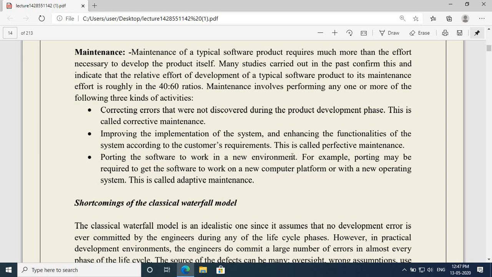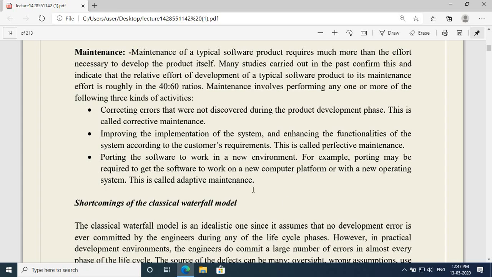Let us consider we develop a software on Windows operating system and Pentium processor. Later on, it requires that the same software must run on Linux and Celeron processor. That maintenance we can give to the client side. So this is the requirement of the maintenance stage: first, correcting errors; second, improving the implementation; third, porting the software.